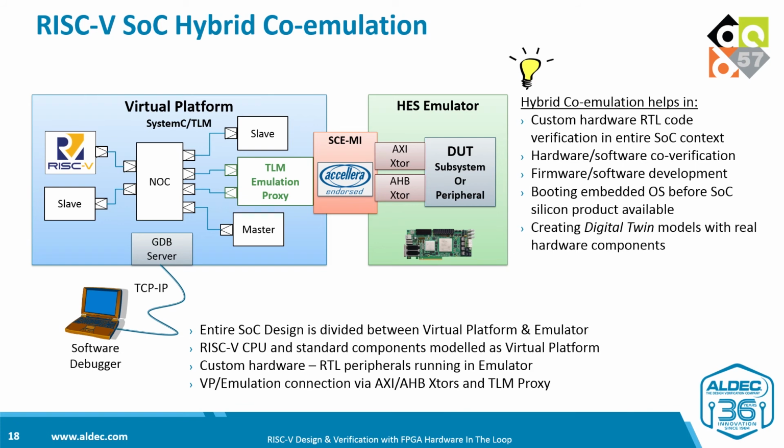As soon as the custom subsystem is available in RTL code, it can be synthesized and implemented in FPGA. Connected with standard bus transactors like AMBA-AXI or AHB, it can be integrated with the virtual platform, making a complete system-on-chip model that is now much better for software development purpose.